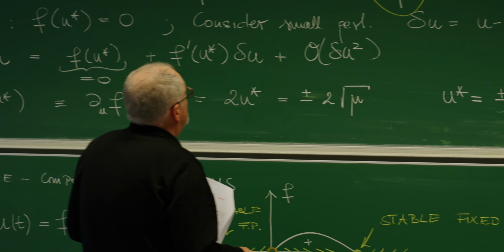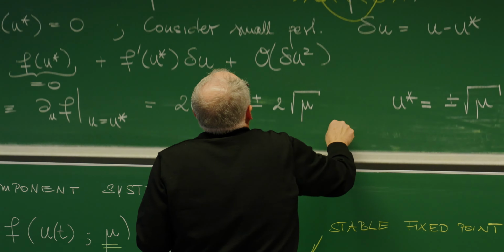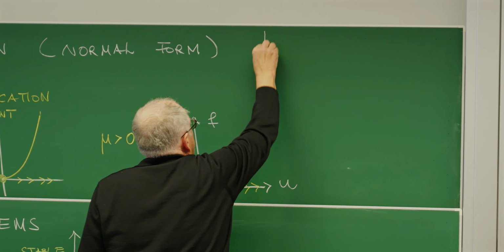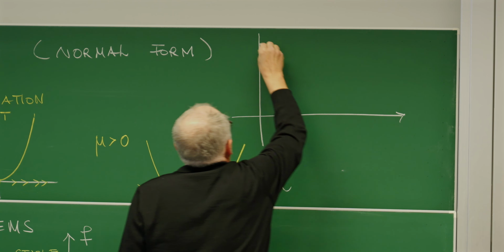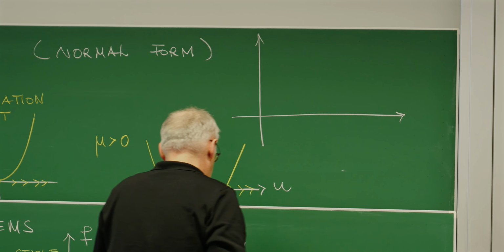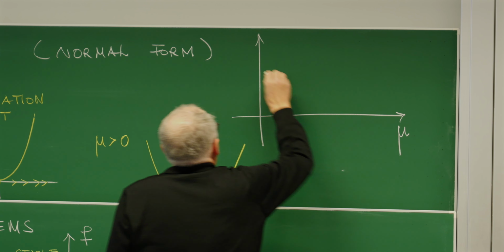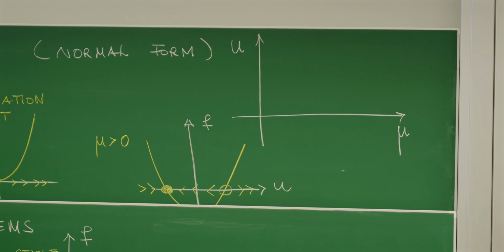And I want to close with drawing the bifurcation diagram. And let me put this here up in the corner because it's the summary of what we have. So we do have the control parameter mu, and we have the solution u.